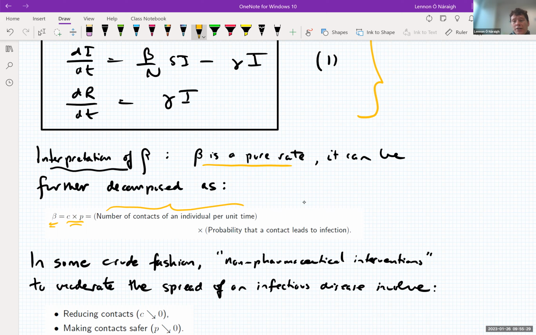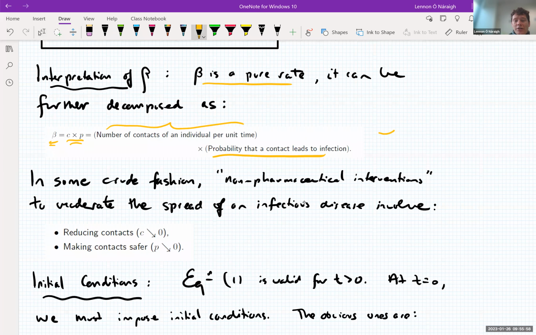So the number of contacts between one susceptible person and the infectious class. So let's suppose the person, just a typical person in the susceptible class, is meeting 10 infectious people per day. And that's the number of contacts per day, C, and then the probability, P, that any one of those contacts leads to infection.